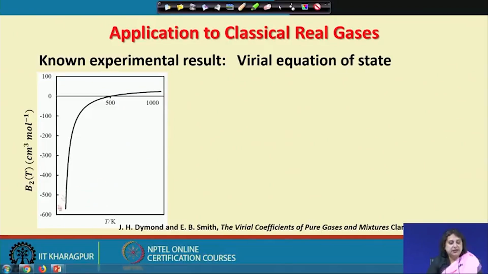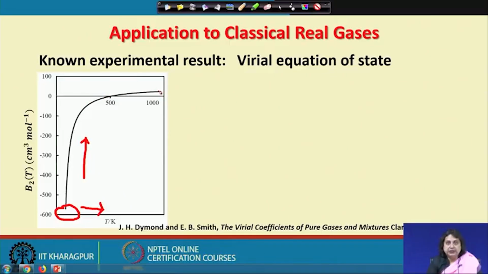The observation is that B2 is a very large negative number for small values of temperature. As you increase temperature, B2 also increases, and it goes to more positive values.